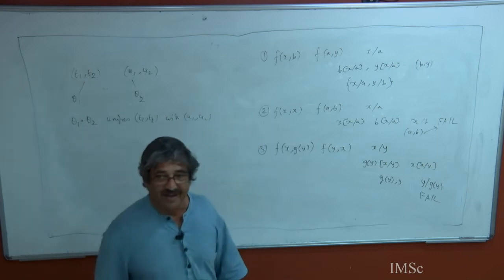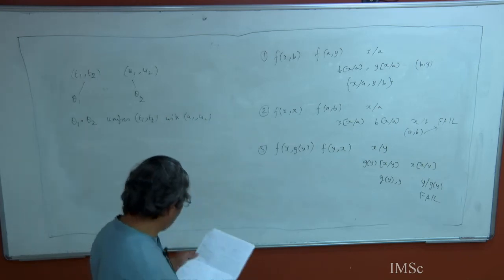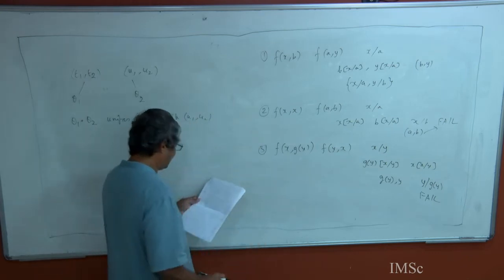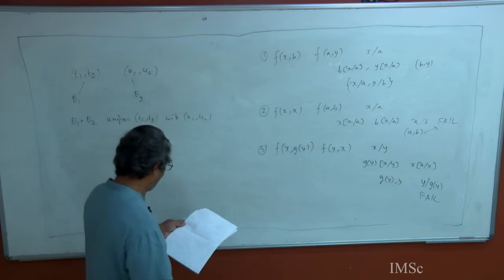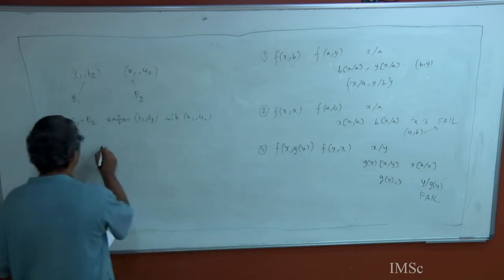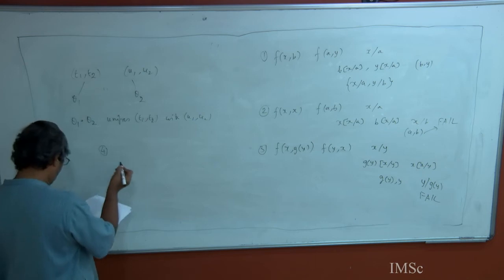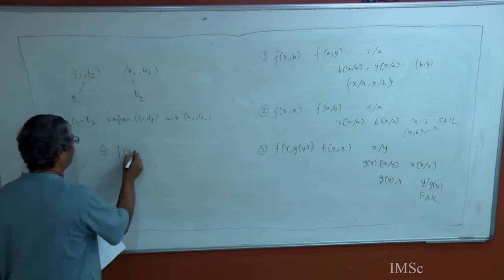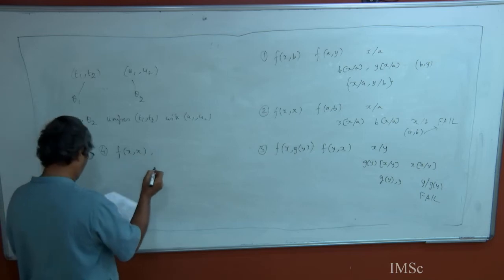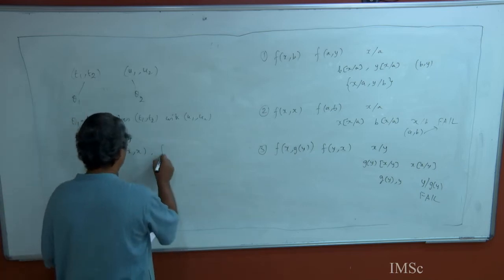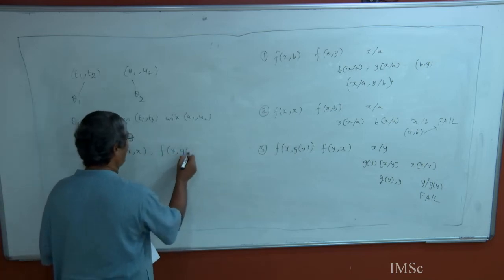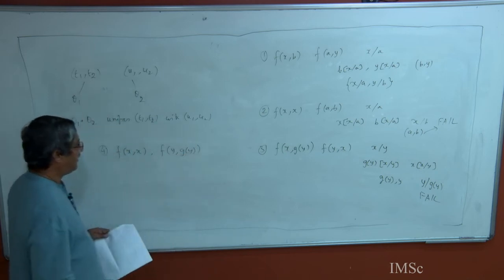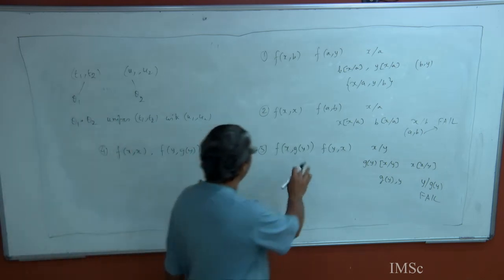Now, that is precisely why the order in which you do these things can also make a difference, but it is sound here. On the other hand, suppose the formula was f of x, x and f of y, g of y.